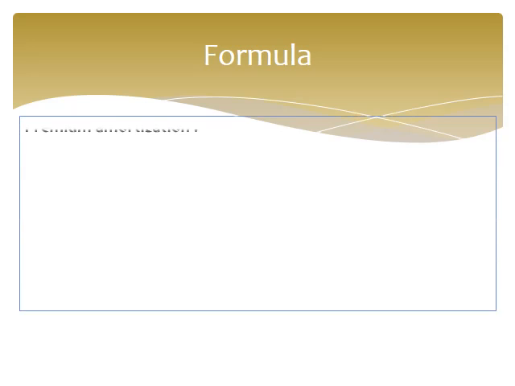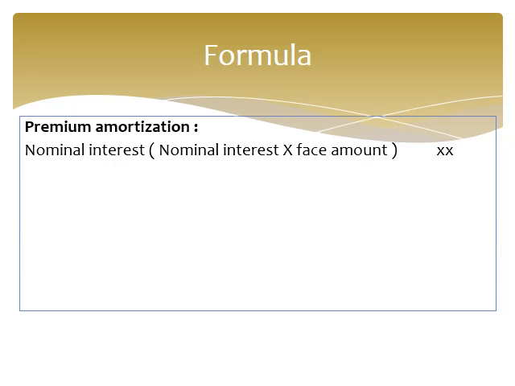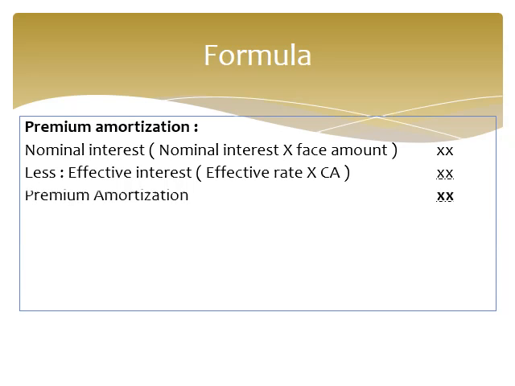Formula for the premium amortization. The premium amortization is computed by getting the difference between the nominal interest and the effective interest. Nominal interest is the nominal rate multiplied by the face amount. It is also known as the interest paid, yung kinocompute natin na interest paid.